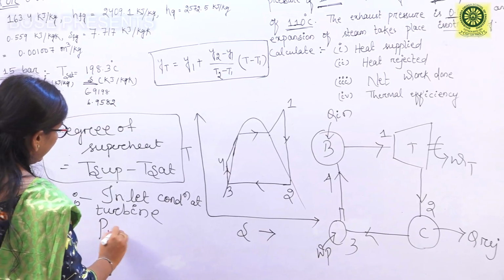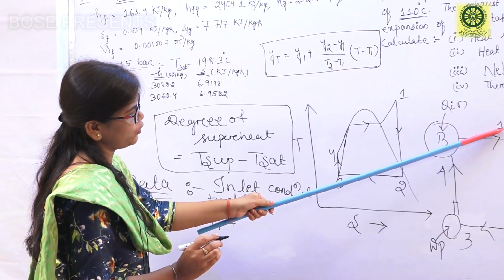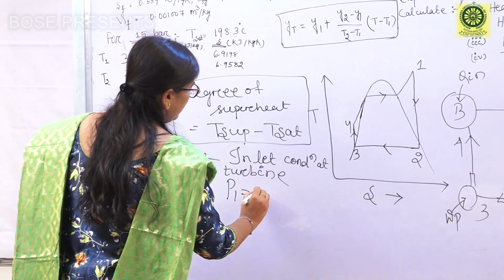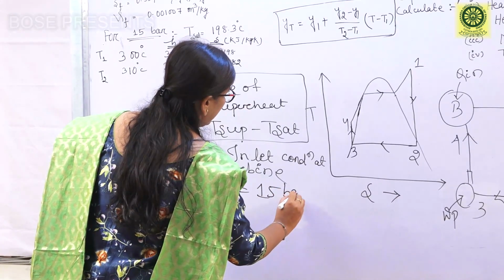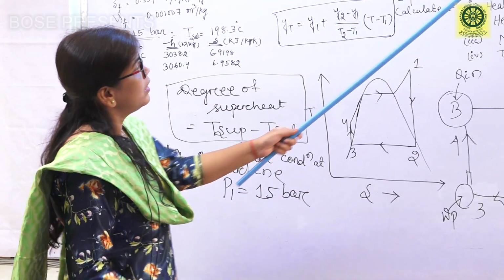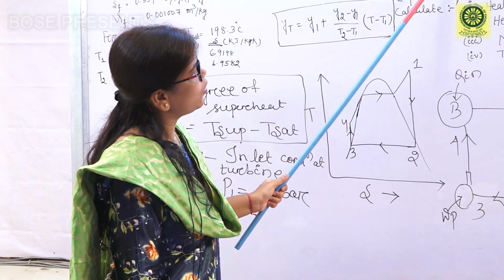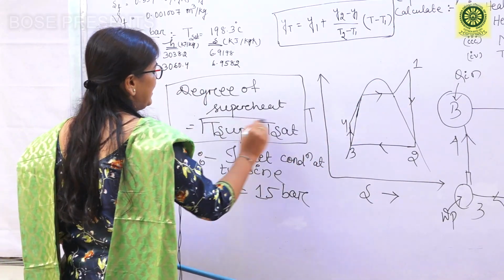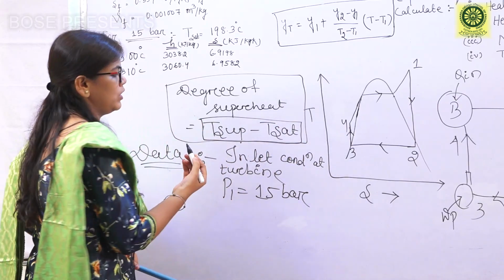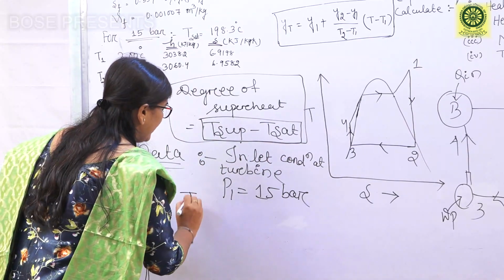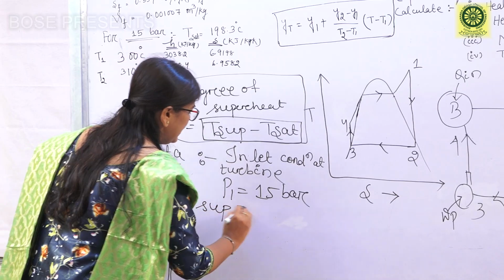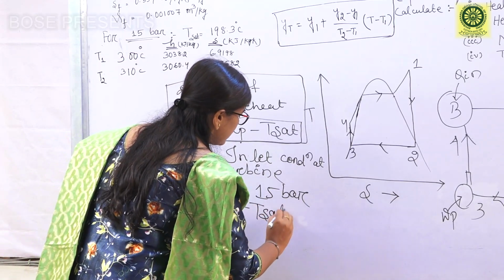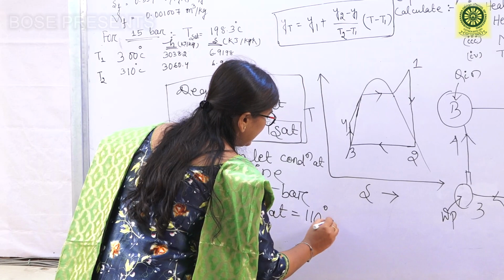So P1, this is your point 1, P1 is 15 bar, and having a degree of superheat of 110 degree. That means the difference T superheat minus T saturation is 110 degree centigrade. So I have to find out T superheat.